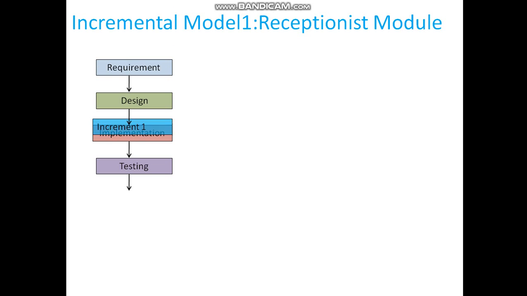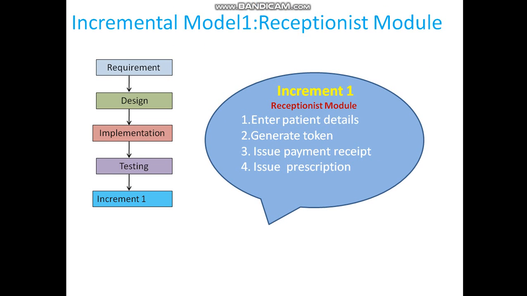So for the incremental model, these are the features which are fixed by that hospital management system. Suppose receptionist module, the features are enter patient details, generate token, issue payment receipt and issue prescription.